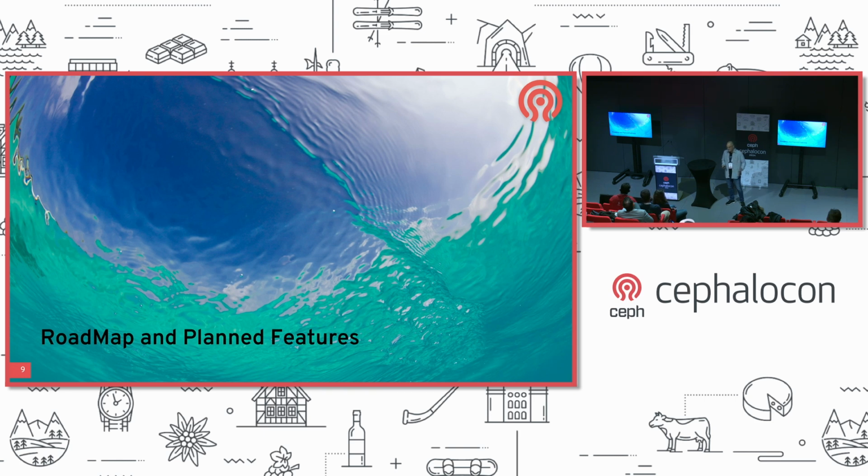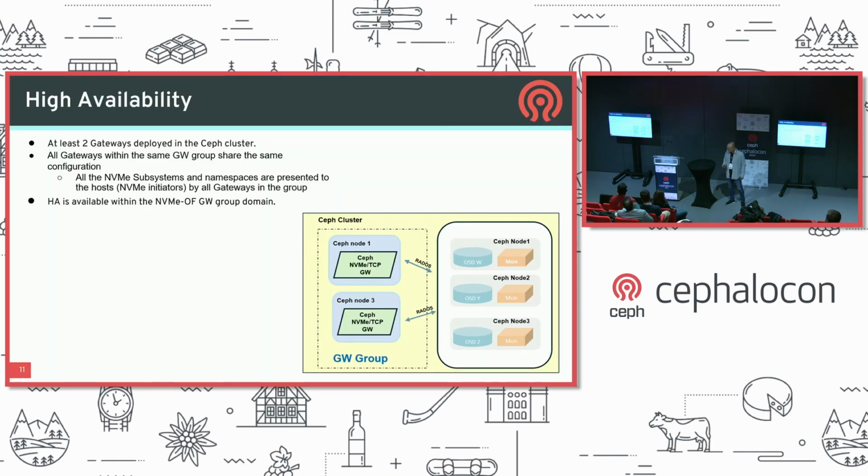Okay, so let's talk about the roadmap and planned features for Tentacle. Like I said, we have high availability, and to achieve high availability, we need at least 2 gateways deployed on the Ceph cluster. The way it works is that all the gateways deployed in the same group, or failover domain, read the same configuration.